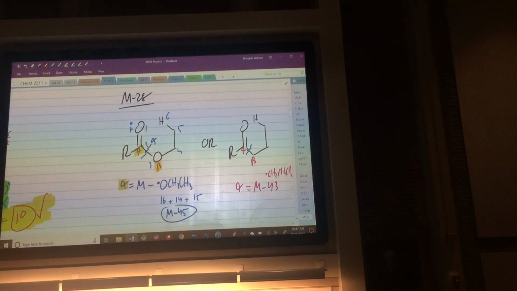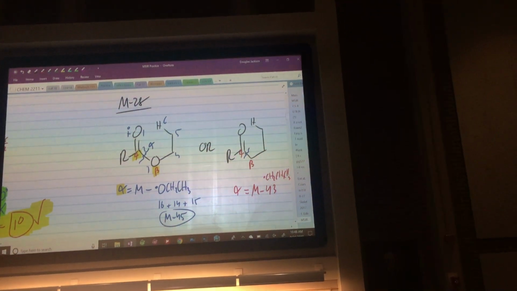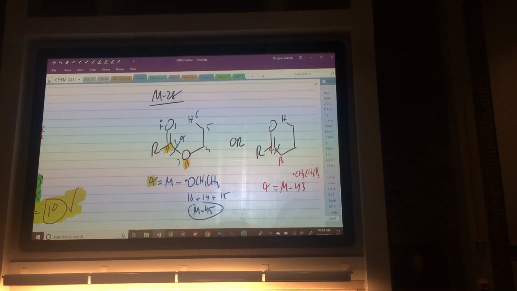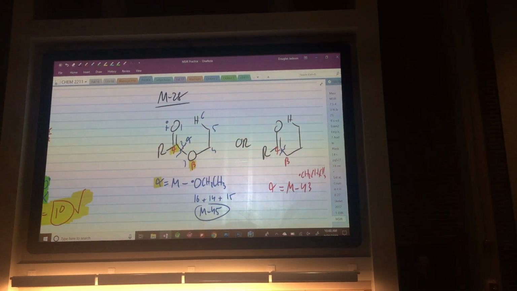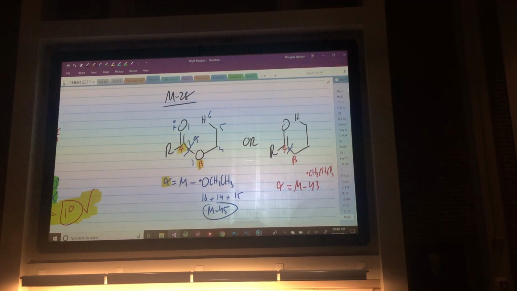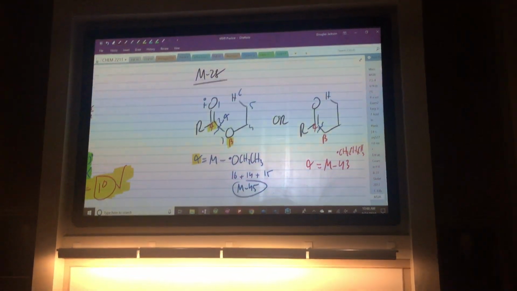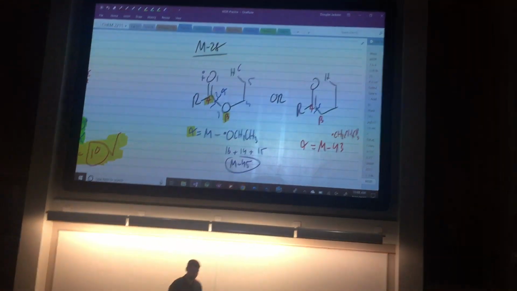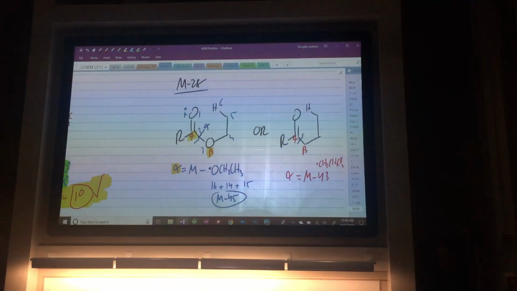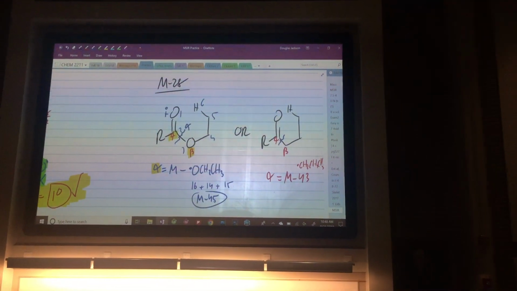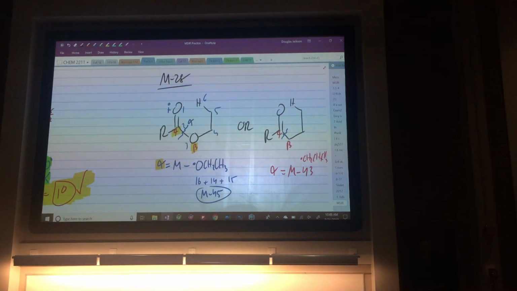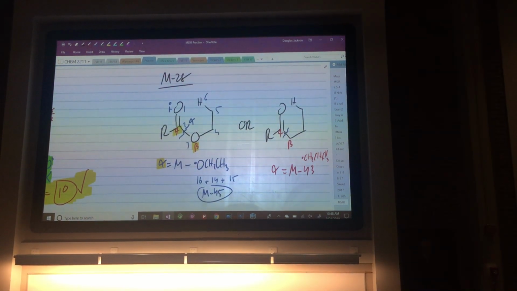M minus 45 or M minus 43. So let's go back and look at the spectrum and see if we have either or both of those. If we have both of those, we're going to have to go on to the next thing to help us out. Okay, so it's a problem we're solving in a particular order. M minus 45 or M minus 43.